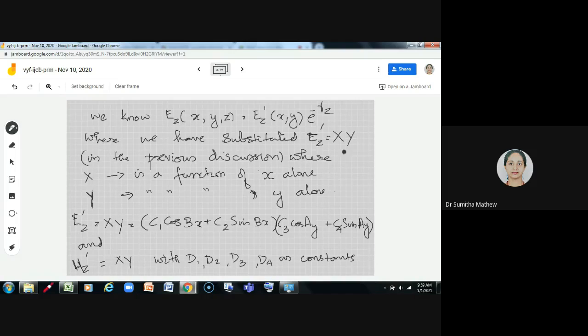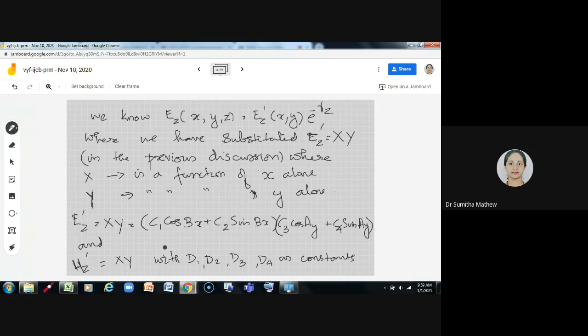Remember that. For the ease of expression, we have simply written them as X, Y. So Ez dash is equal to a function of x into a function of y, where capital X is a function of x alone and capital Y is a function of y alone.